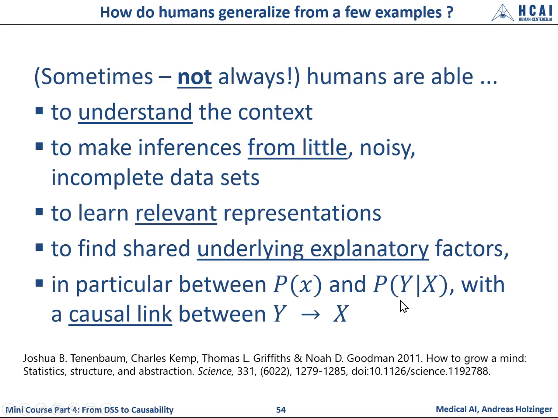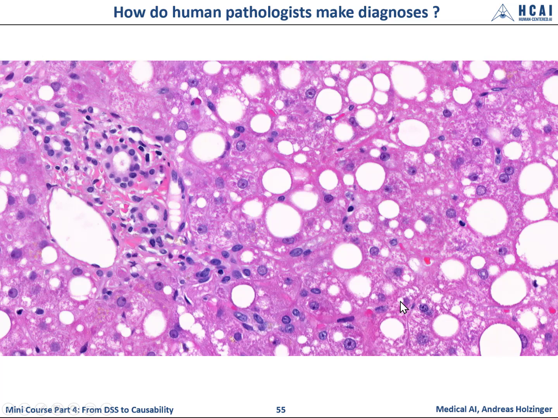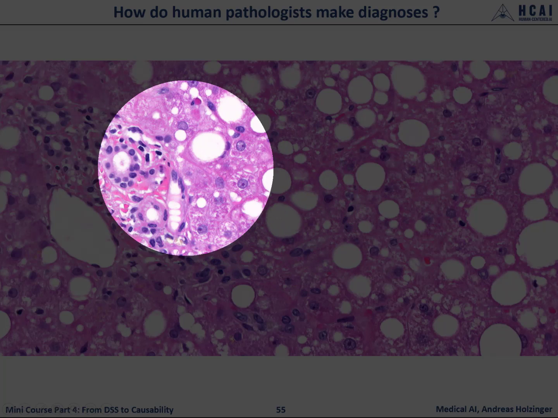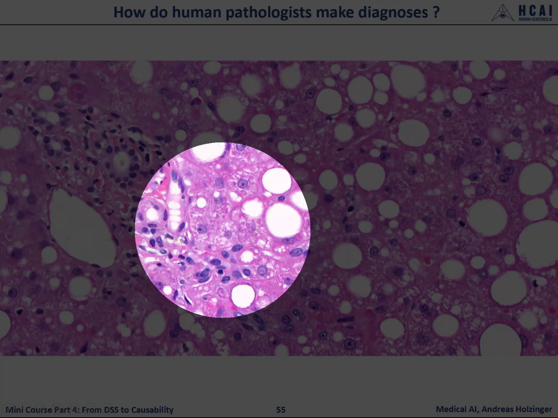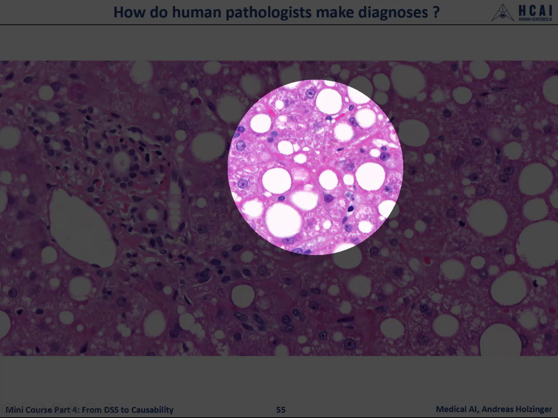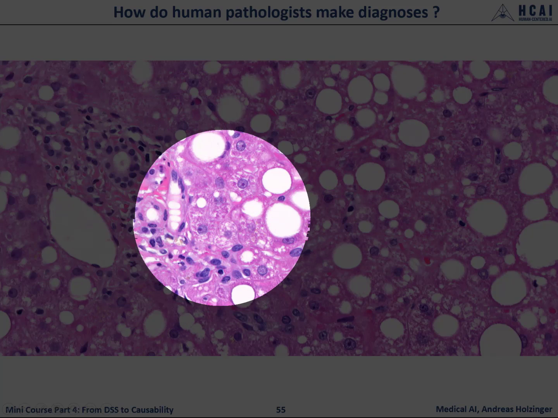To make it a little more practical for you, the question: how do human pathologists make a diagnosis? Pathologists look at such histopathological images, and they follow the famous Shneiderman paradigm from 1990: overview first, then zoom and filter on demand.